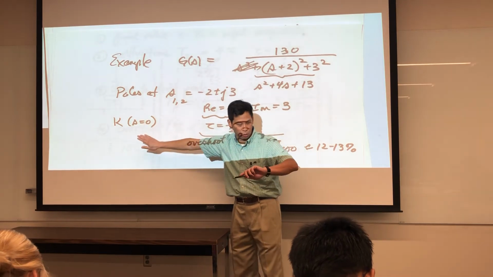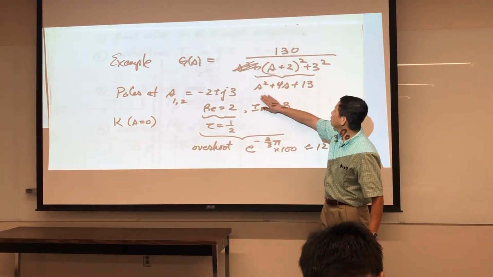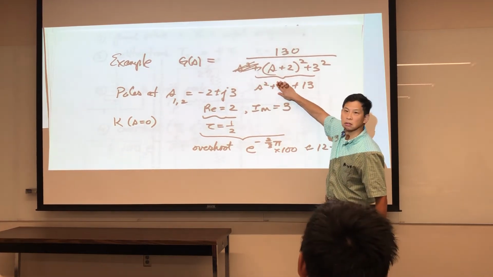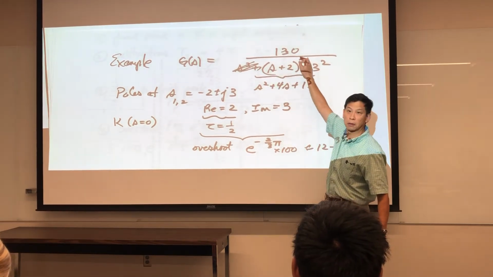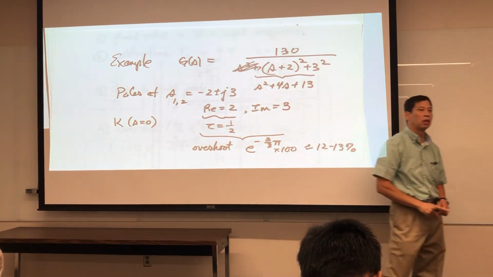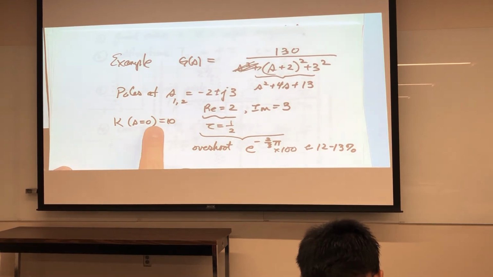DC means no frequency, it means s is equal to 0. If s goes to 0, then that goes away, and I get 4 squared plus 3 squared, which is 13. 130 divided by 13 is 10.